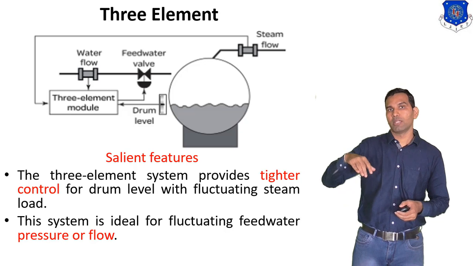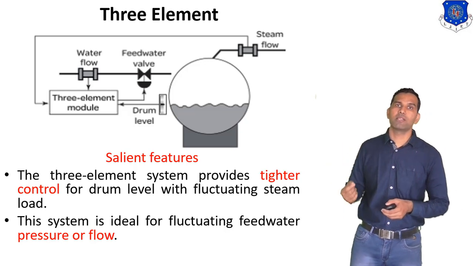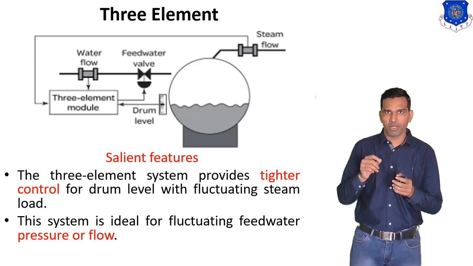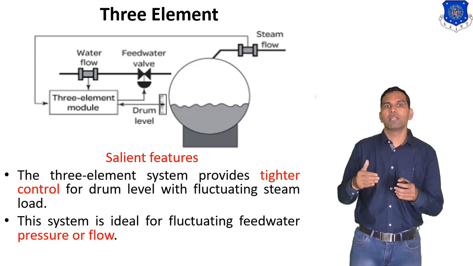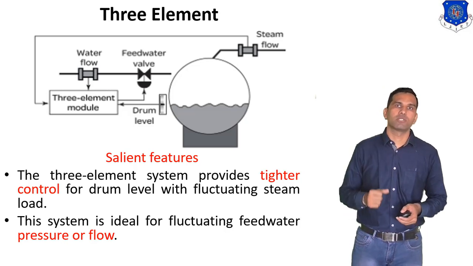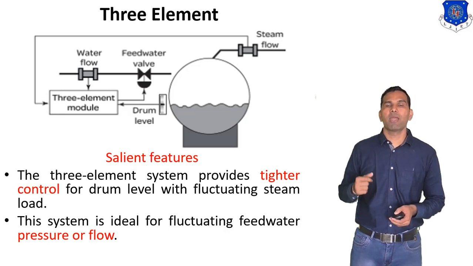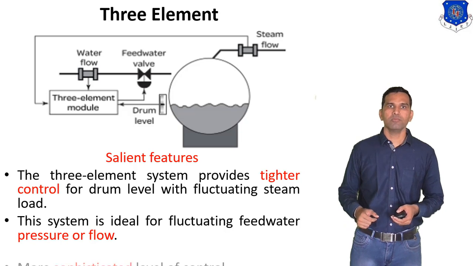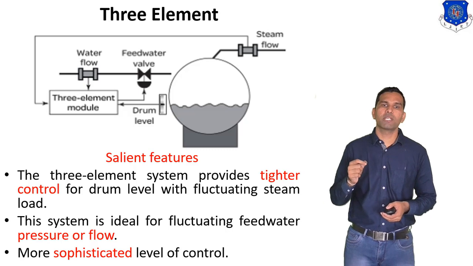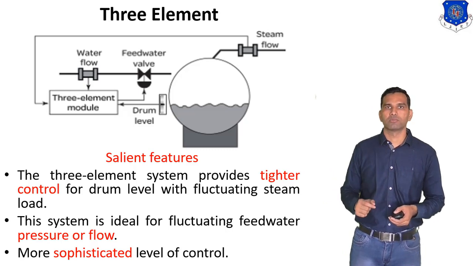That means in many applications there are changes in the feed water flow in the system, so it is suitable for that type of system. So this is a 3-element control system. And the third feature is a more sophisticated level of control.